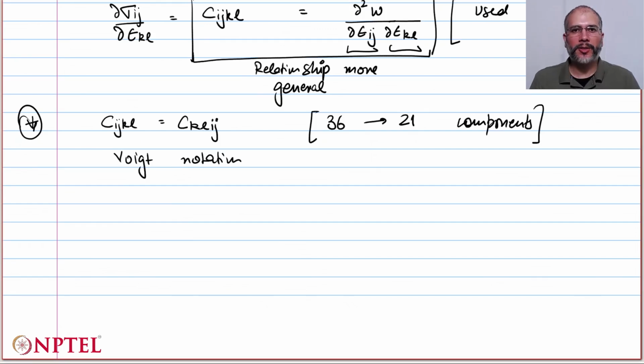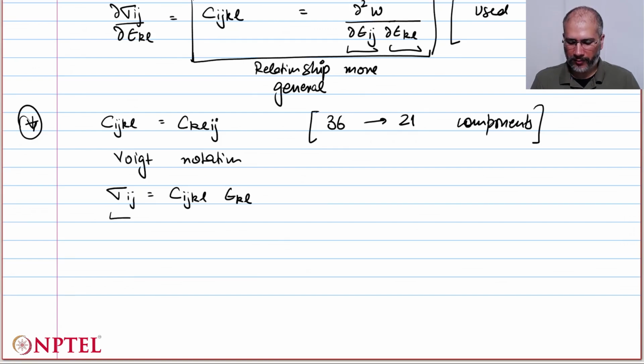Now, with this linear elastic material, what we noticed was that sigma is linearly related to epsilon. That is, the components of sigma are linear combination of the components of epsilon.